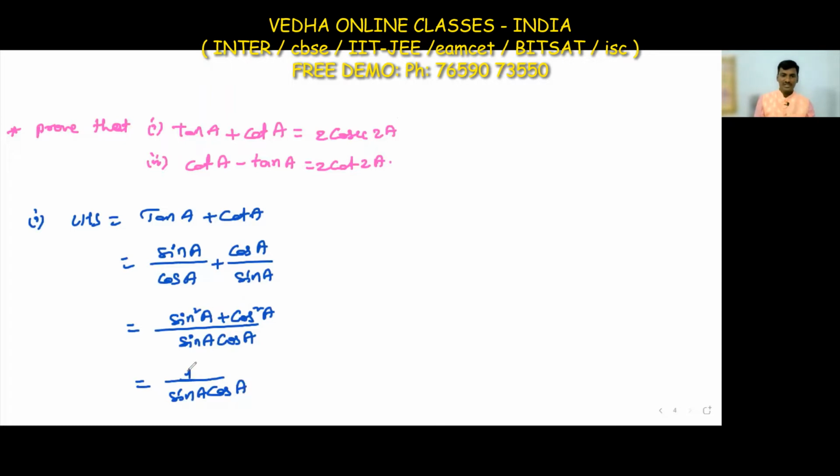Now here we have the 1 in the numerator, so I am multiplying and dividing by 2.